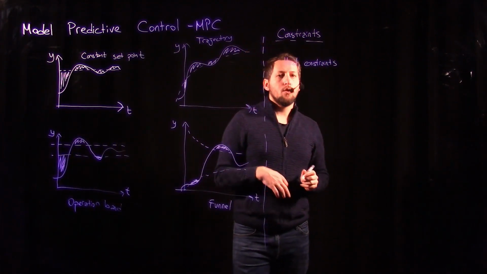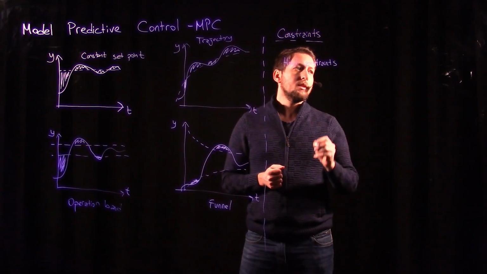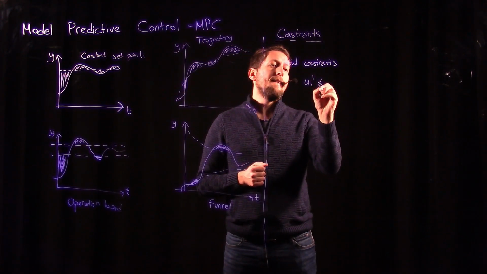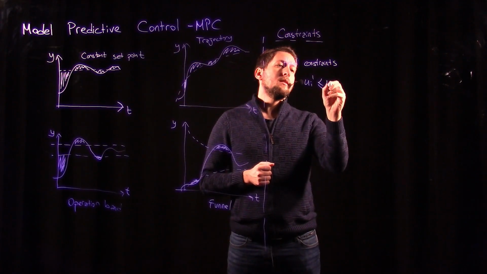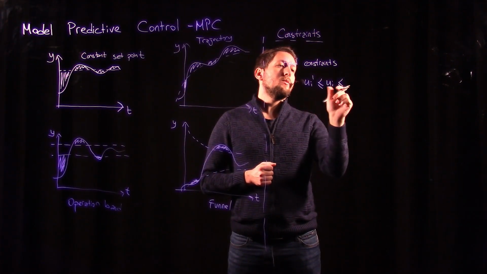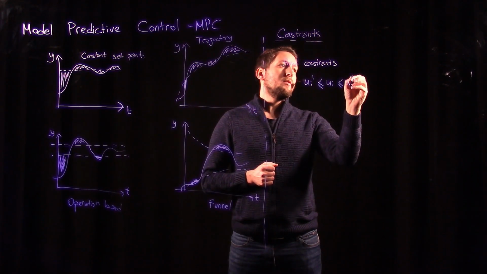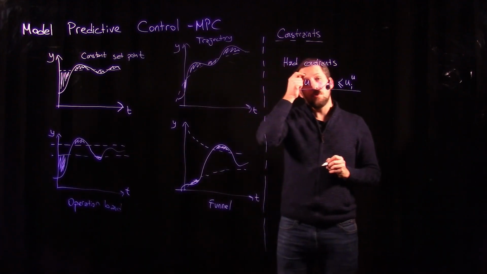And these are mostly related with your input variables, and they can be represented as, let's say, I have a lower value for my input, and I want this to be within a band that also has an upper value. So this is a kind of constraint for your input.